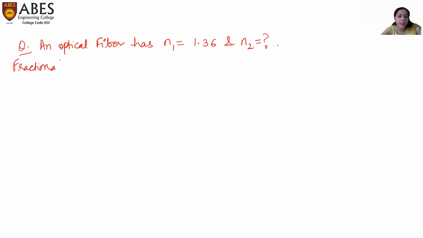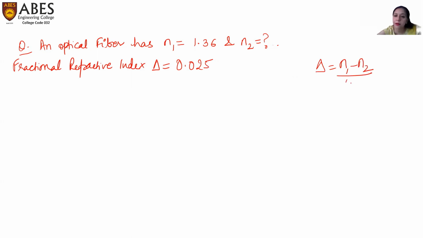It is given by n1 minus n2 by n1, and here its value is 0.025. It is basically the relative ratio. We have to find the numerical aperture as well as the acceptance angle.